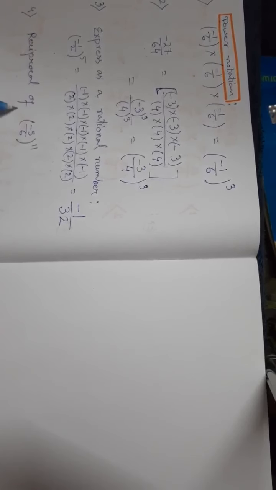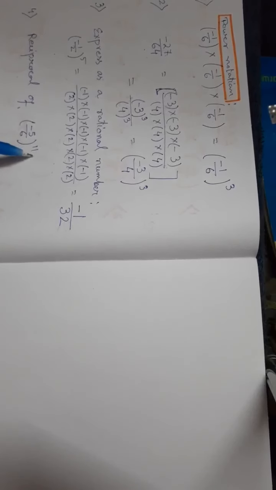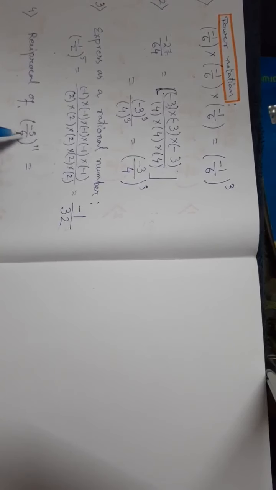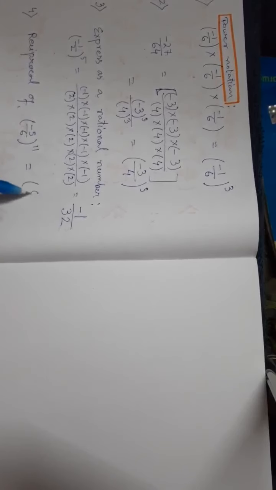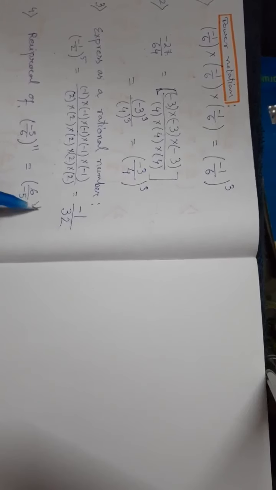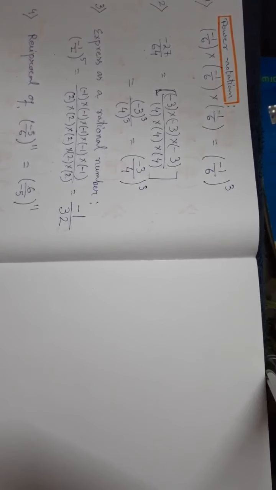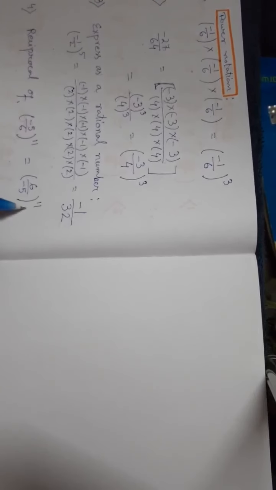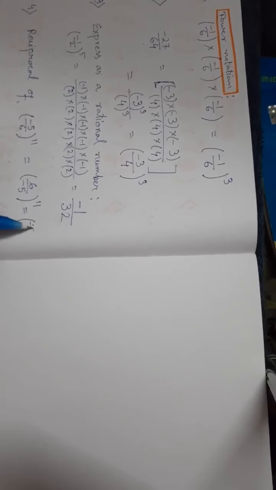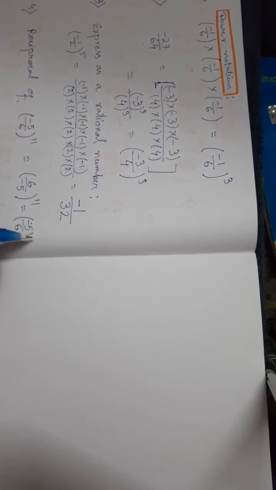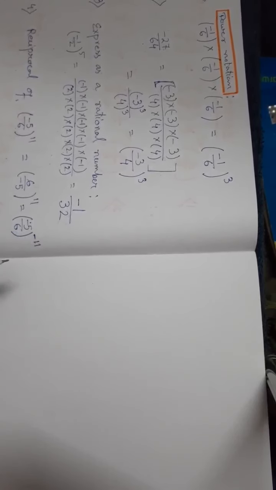Next one is the reciprocal of minus 5 by 6 to the power 11. When we write the reciprocal of minus 5 by 6 to the power 11, either we can write the reciprocal of this number, that means minus 5 by 6, as 6 by minus 5 to the power 11, or you can write minus 5 by 6 raised to the power minus 11 also, because as we discussed in the formula, minus 11 means basically we have to write in this form.